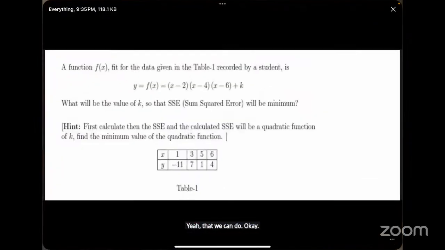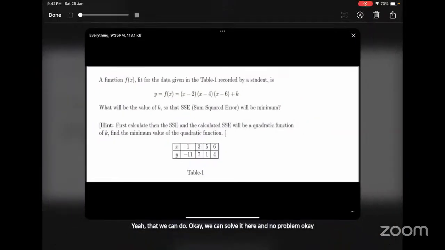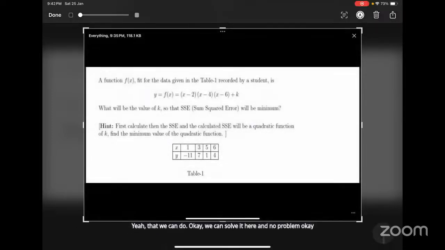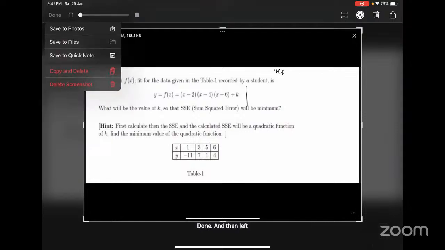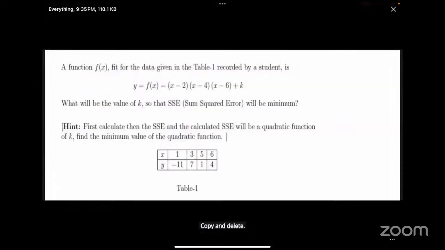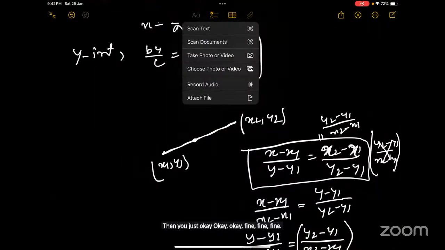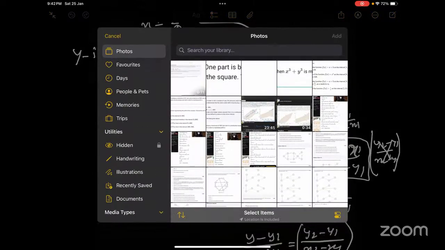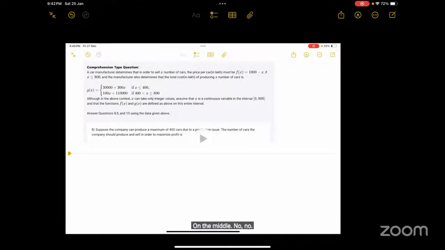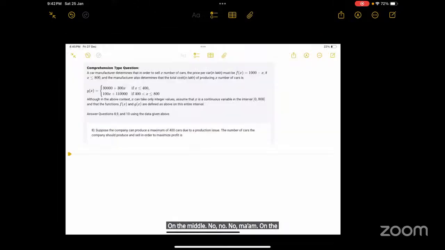Okay, then you just go to notepad and hold in the middle of notepad with one finger.